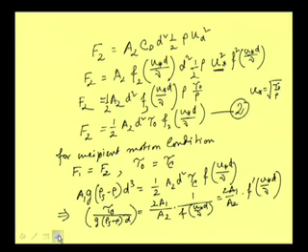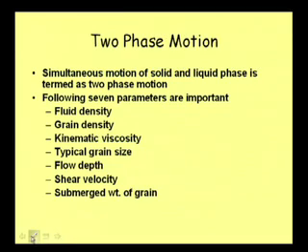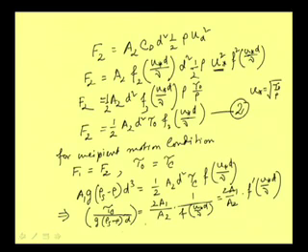This term was expressed as tau c star. Let me write here, tau c star is equal to a function of, ultimately it is again a function; these are constants basically.